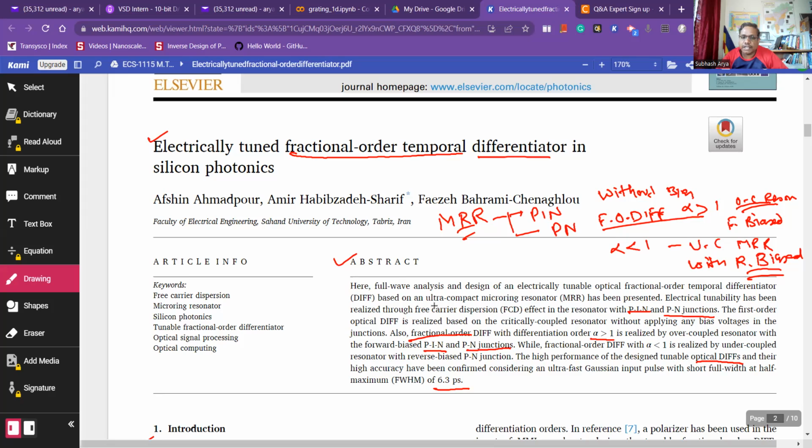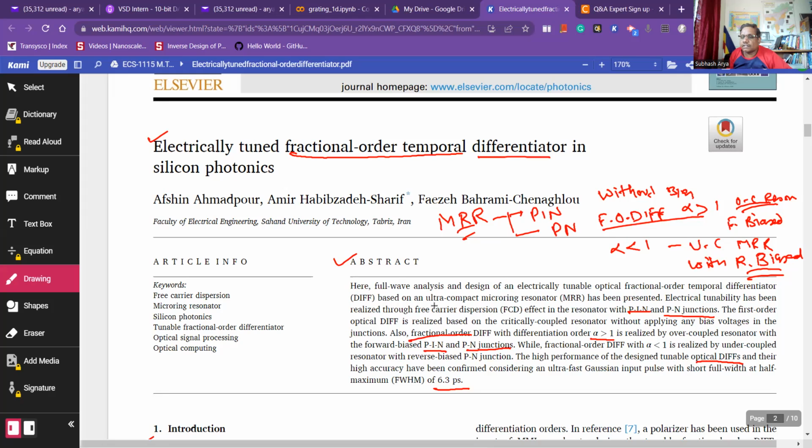Electrical tunability has been realized through the free carrier dispersion effect in the resonator with PIN and PN junctions. The first order optical differentiator is realized based on the critically coupled resonator without applying any bias voltages in the junctions. Also, a fractional order differentiator with differentiation order alpha greater than 1 is realized by an overcoupled resonator with the forward biased PIN and PN junctions.